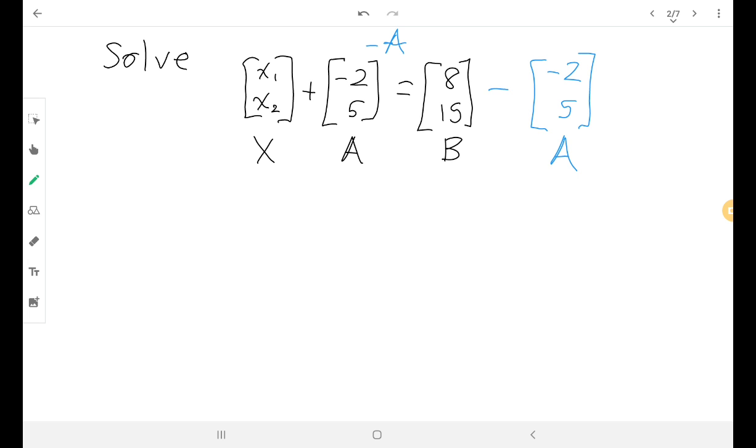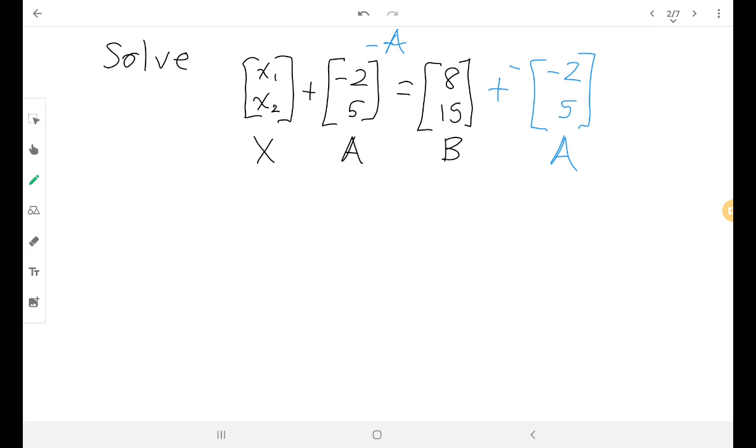One of the things that I'm going to do, if you've had classes with me before, you know that I like to do plus negative instead of minus, like this, plus negative.